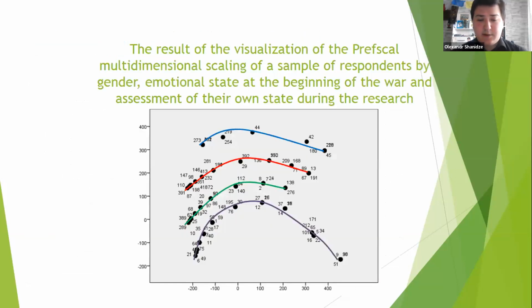Turning to the analysis of multi-dimensional distribution, namely multidimensional scaling methods, a visualization of the sample of respondents was carried out, taking into account the degree of closeness according to the Minkowski scale, according to indicators of gender, emotional state at the beginning of the war, and assessment of one's own state during the research.